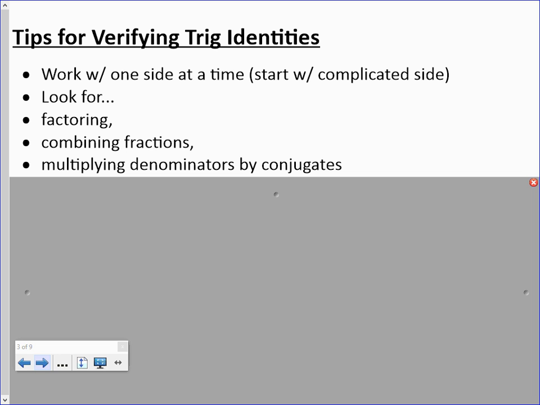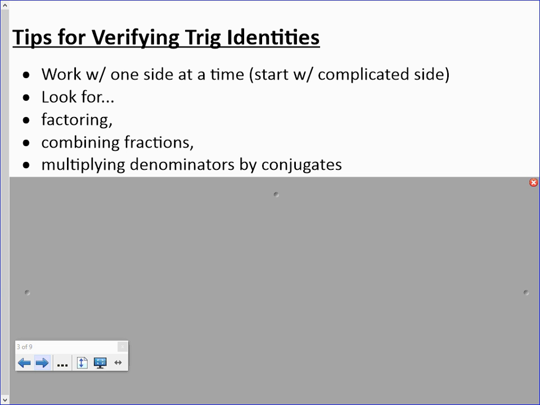One that we didn't really talk about last week on Friday, but is an option for you, is if you have something in the denominator like 1 plus sine x. A lot of people will see 1 plus sine x and think, gosh, that looks like a Pythagorean identity, but then it's not sine squared. So is there a way for me to manipulate that?